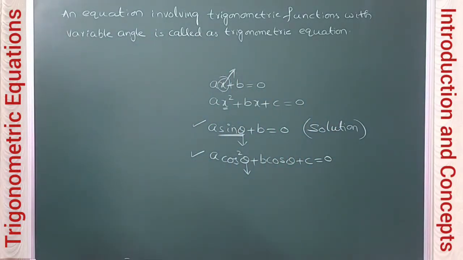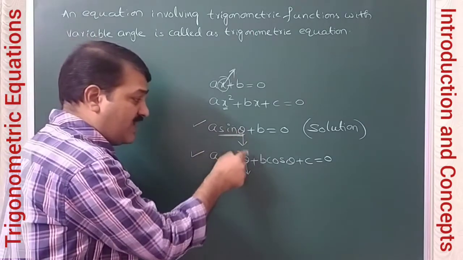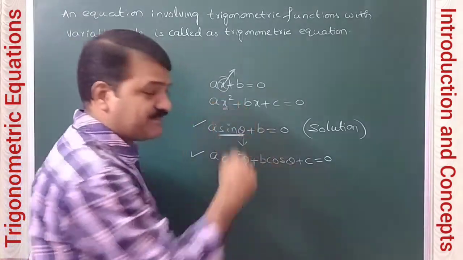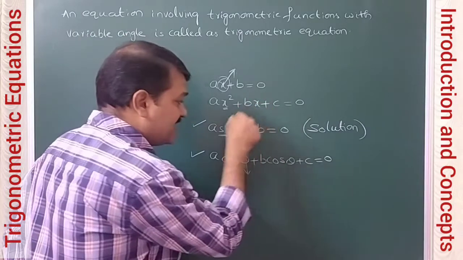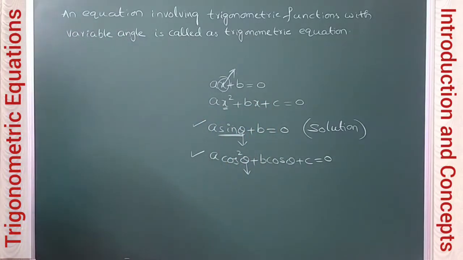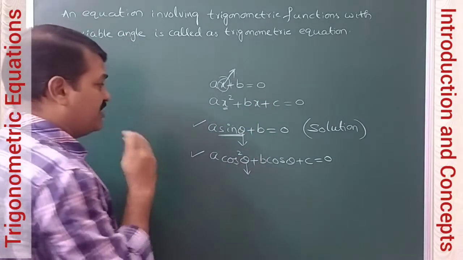The value of the variable angle, whatever variable angle we are using, which satisfies the equation, is called a solution of the trigonometric equation.